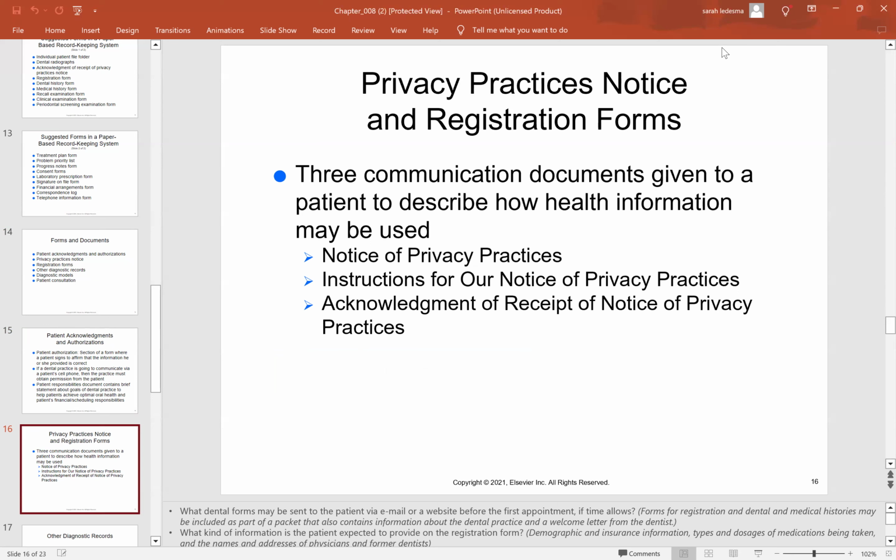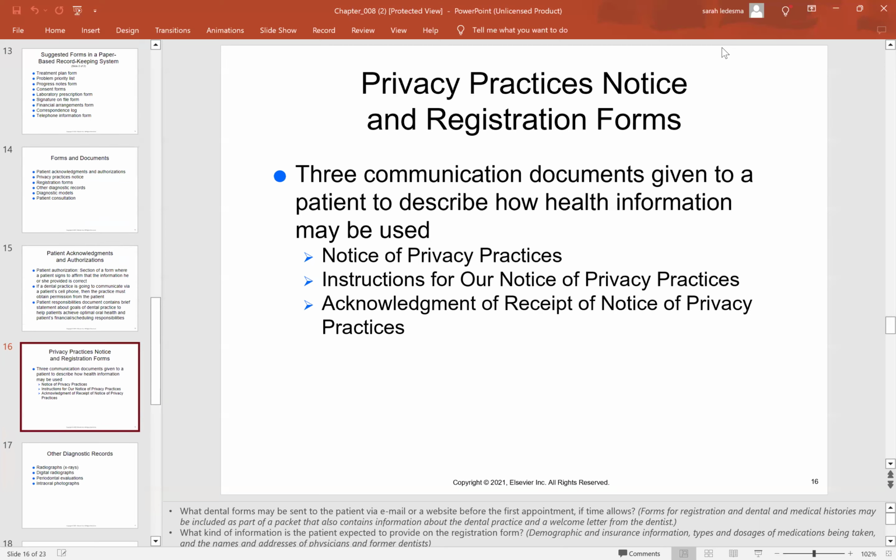Privacy practices notice and registration form. These are three communication documents given to a patient to describe how health information may be used. We'll have the notice of privacy practices, the instructions for our notice of privacy practices, and acknowledgement of receipt of notice of privacy practices.